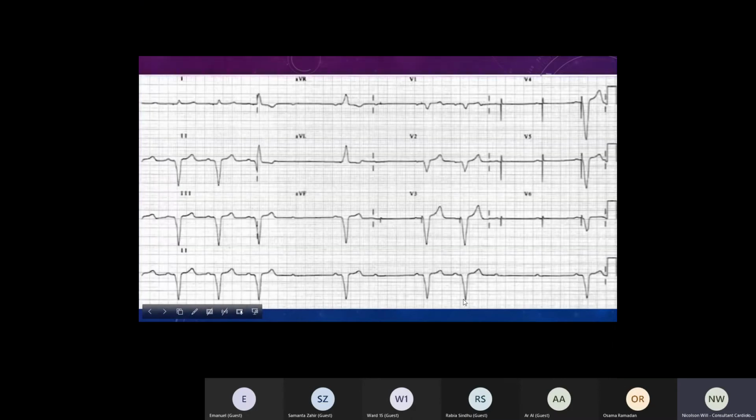Now what does this ECG show? So Dr. Al has said complete heart block. Not quite as simple as that.